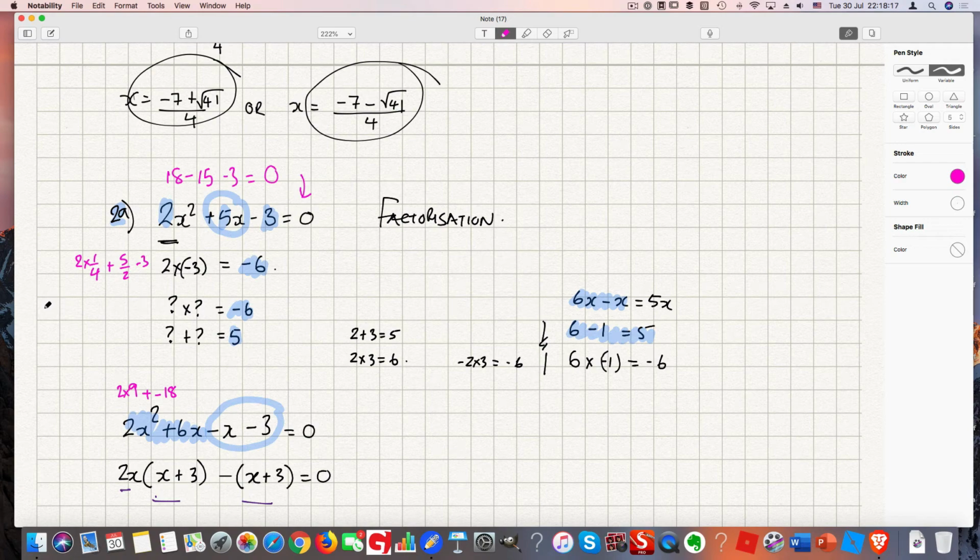It's a half, because 2 goes into 4 twice. So 1 half plus 5 halves minus 3. 1 half plus 5 halves is 6 halves, minus 3. And 6 halves is 3. So 3 take away 3 is 0. So that also is correct because it's equal to 0.